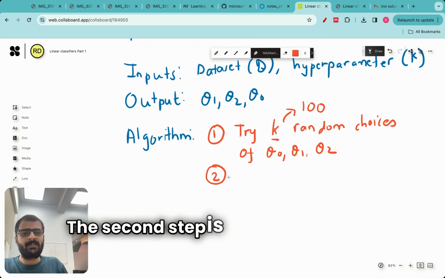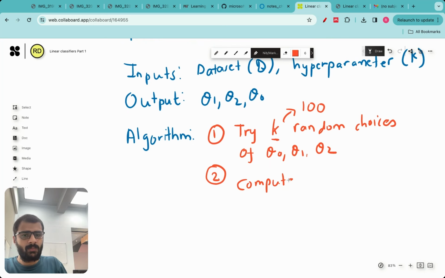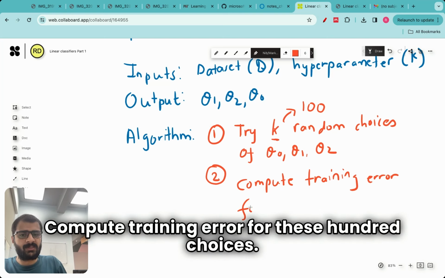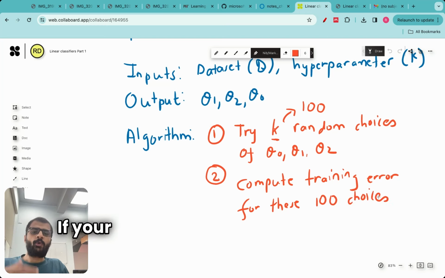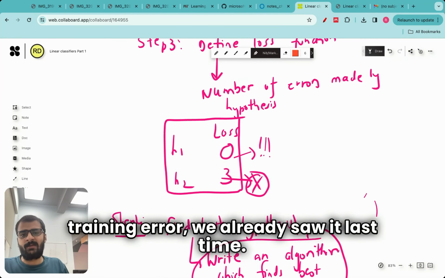The second step is to compute the training error for these 100 choices. If your question is how do we calculate the training error, we already saw it last time.